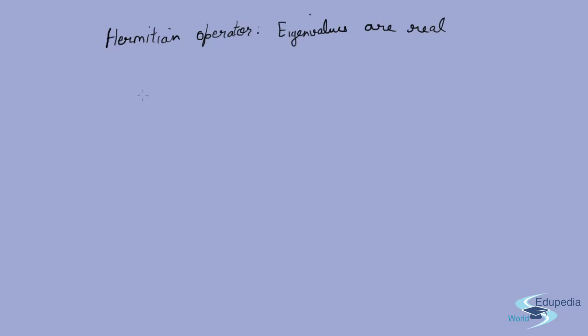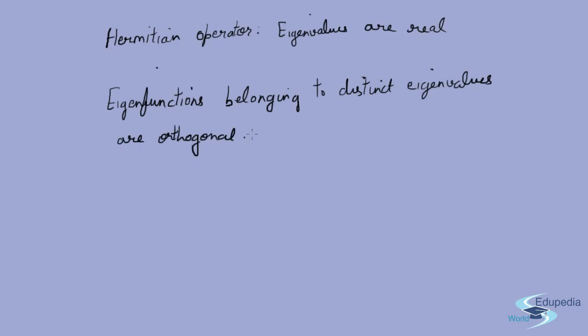And the other is eigenfunctions belonging to distinct eigenvalues are orthogonal. We've proved this from the mathematical context, but this is proof of something which I told you earlier, that for example in the case of an infinite square well, you got states, one was a sine state, then a cos state, then a sine state, and they were all mutually orthogonal.